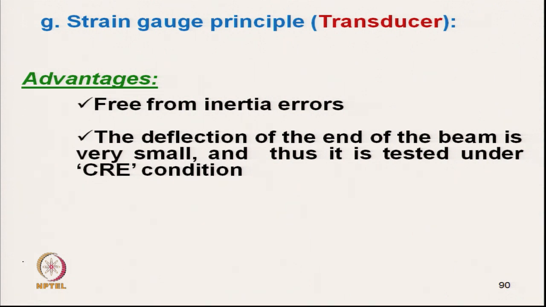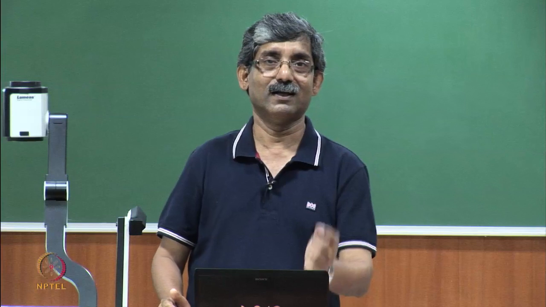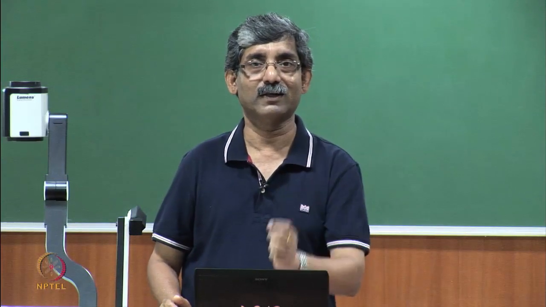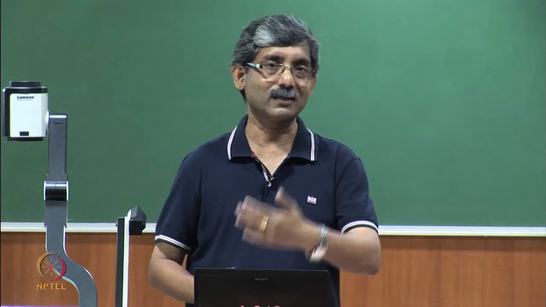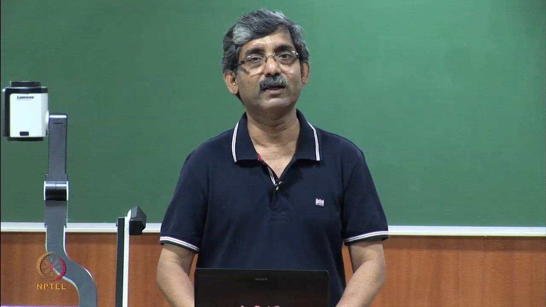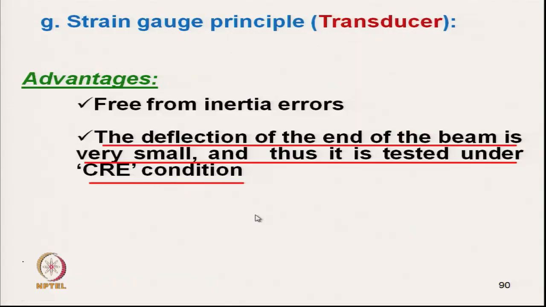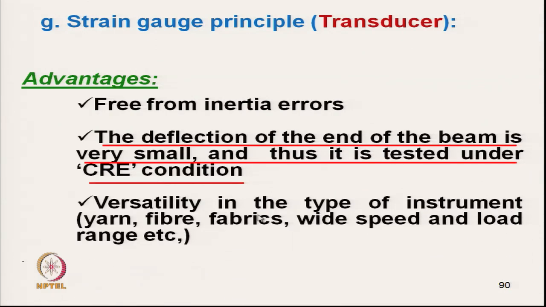The total load measurement is basically the change in resistance, which is basically after deflection. If it does not deflect, then resistance will not change, but at the same time we are saying it is a CRE principle, because the deflection is very small. That is very important, we have to understand this basic concept.